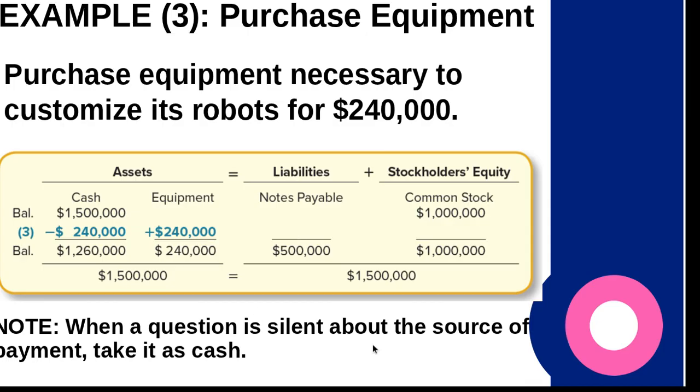So when the question is silent about the source of payment, take it as cash. When you are given questions and they did not mention whether the money is being paid by check, then you take it as a cash transaction. When it is being paid by check, it will be mentioned. But when they are silent, you take it as cash.